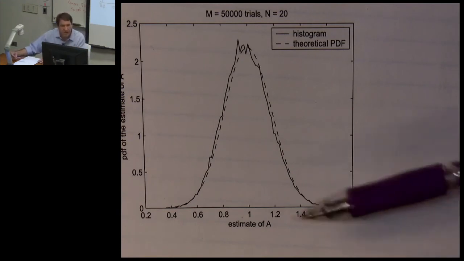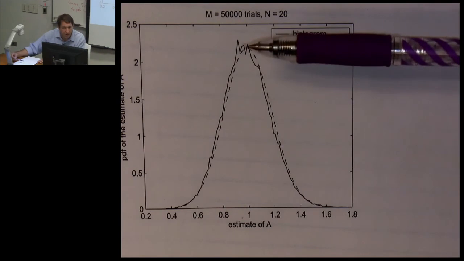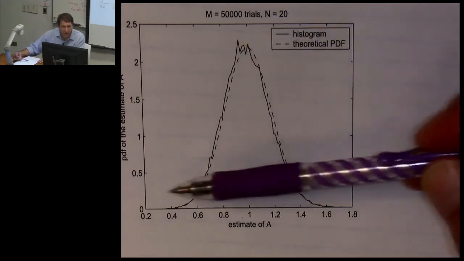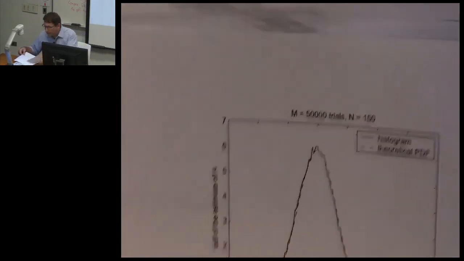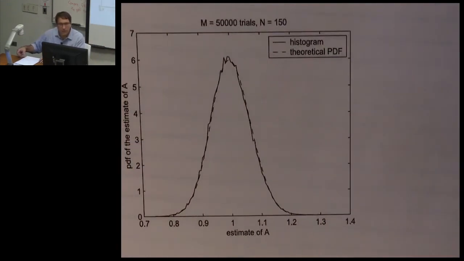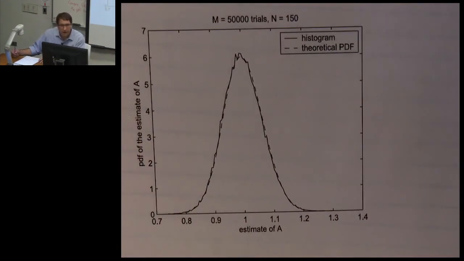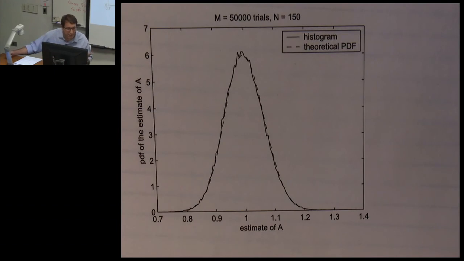And we're seeing that decrease in the estimate by having a taller mode and a narrower peak in here. We also have run the results for a value of n equal to 150, and we're starting to see very little difference between what we would expect with asymptotic normality and the bias and so forth.